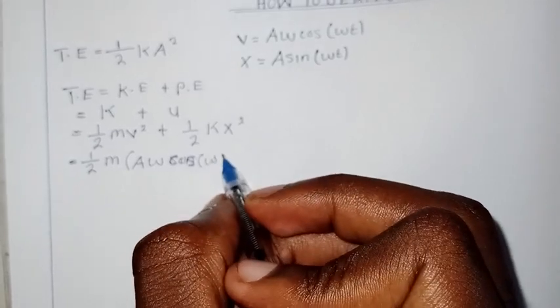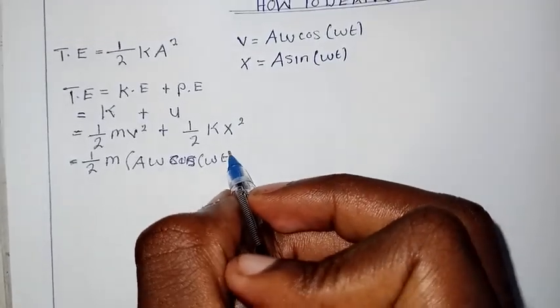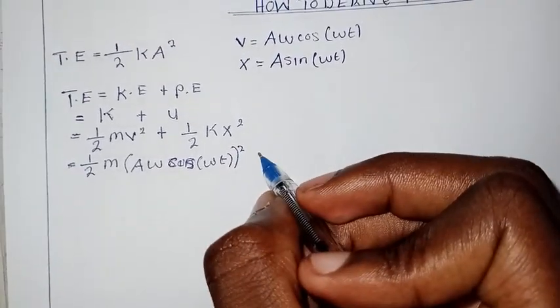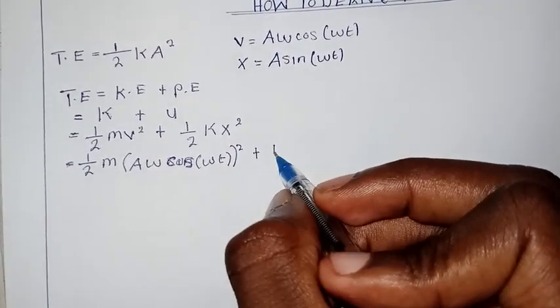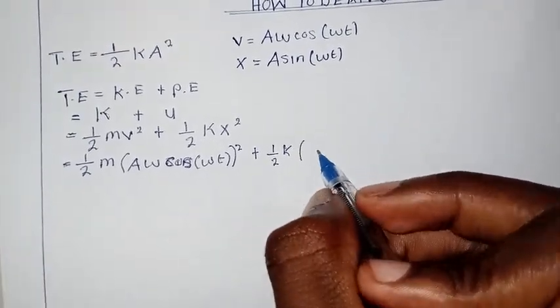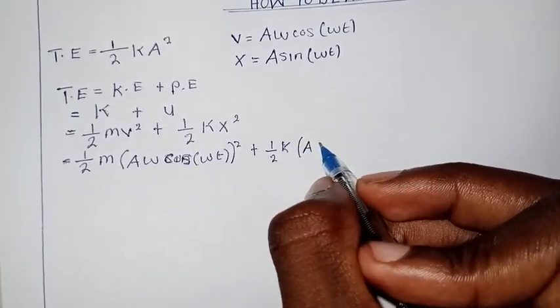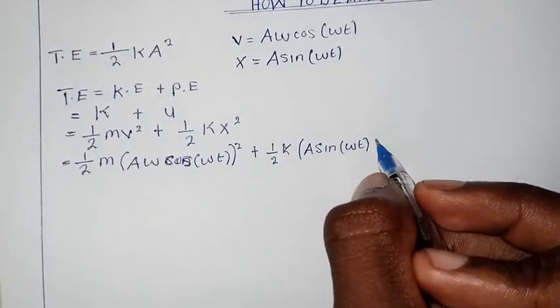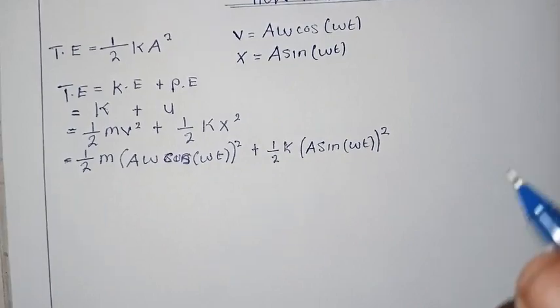Cosine Wt squared plus 1 over 2 K. Then I'll put my A sine Wt squared.